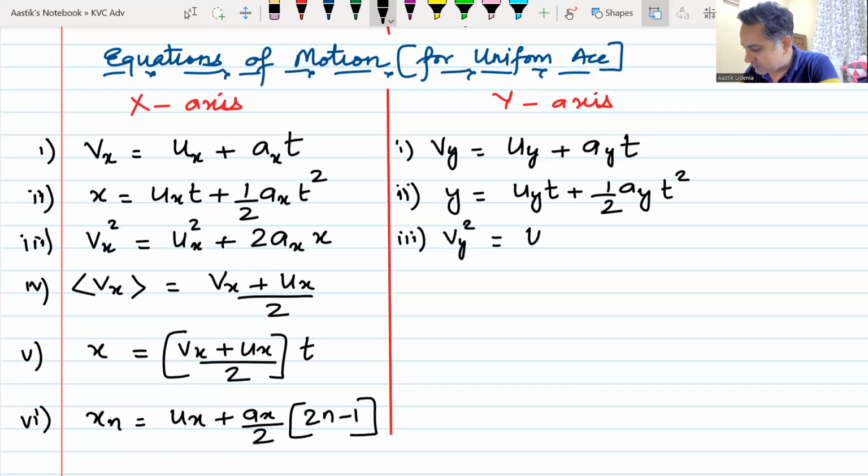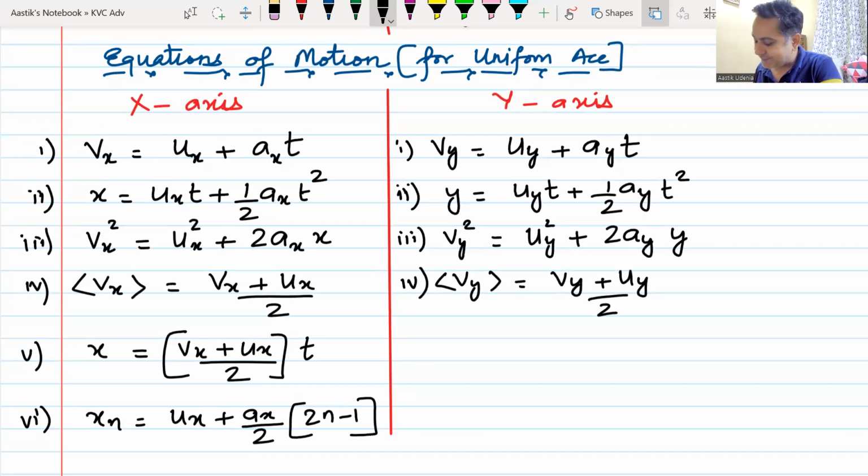Vy square is uy square plus 2 times ay multiplied by y, with proper sign convention. The average of vy is final velocity along y plus initial velocity along y divided by 2.